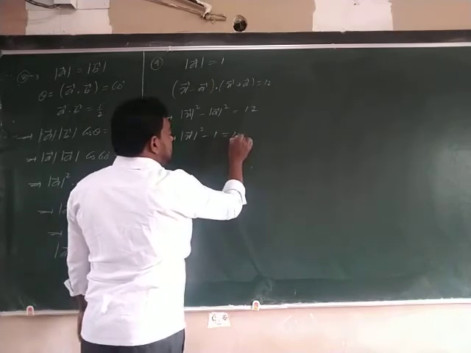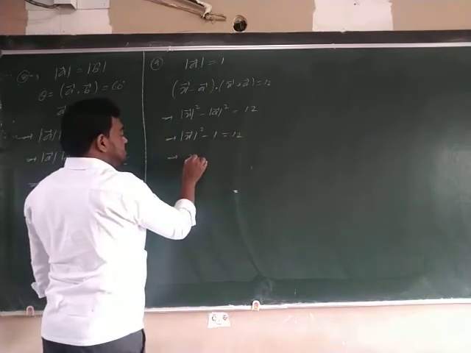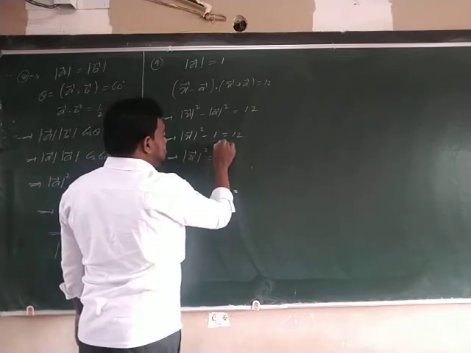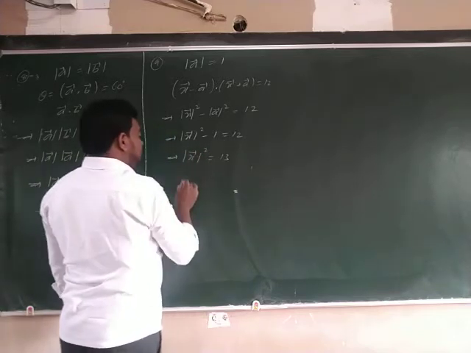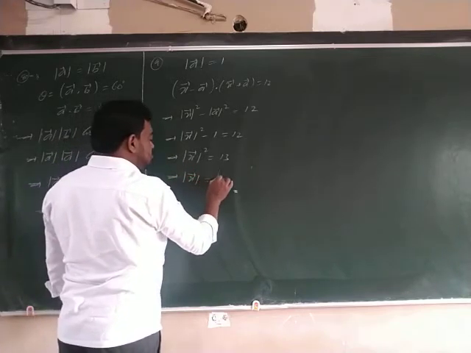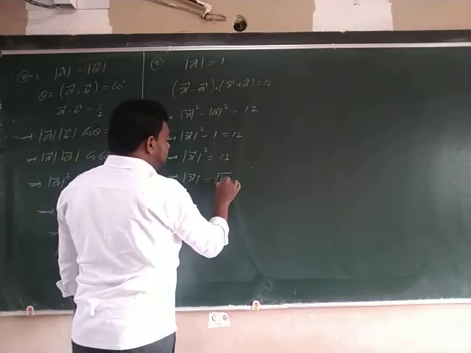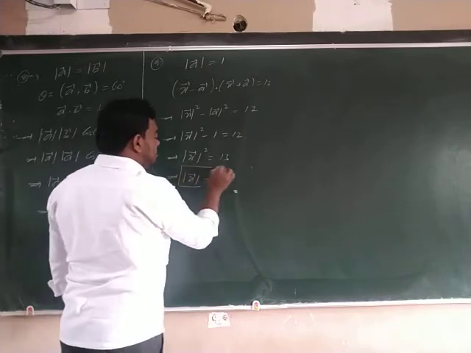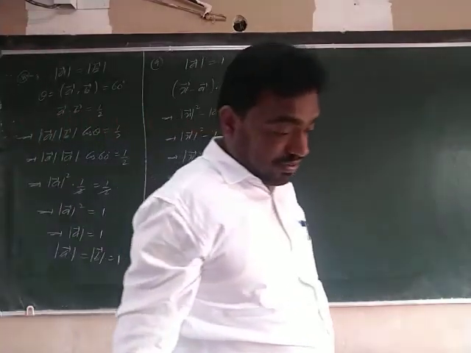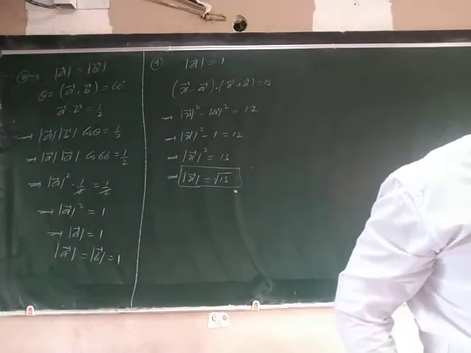This is equal to 12. That implies that magnitude of vector x square is equal to 12 plus 1, 13. So magnitude of vector x is equal to square root of 13. This is our answer.